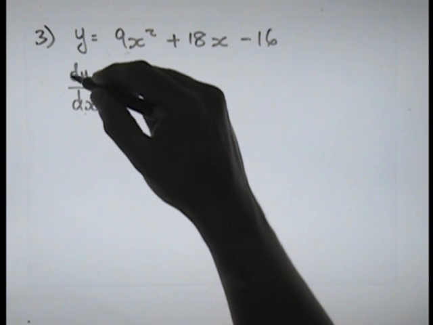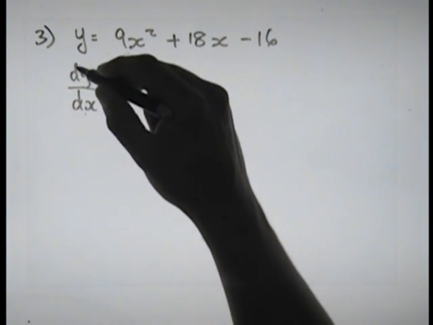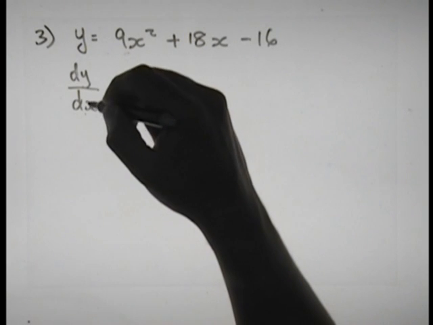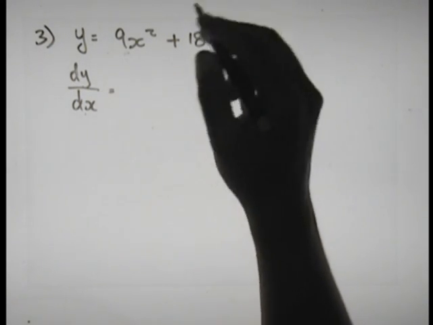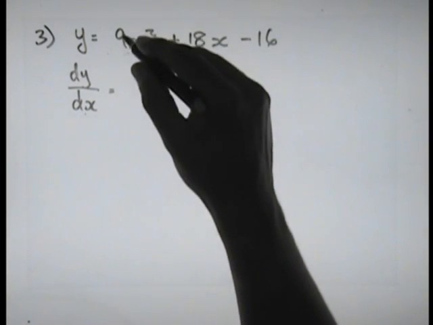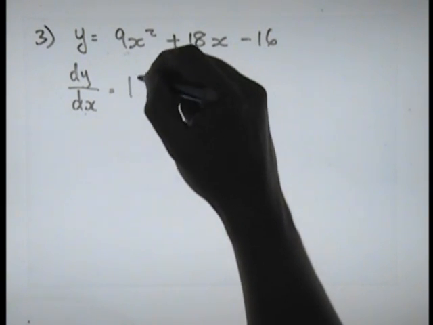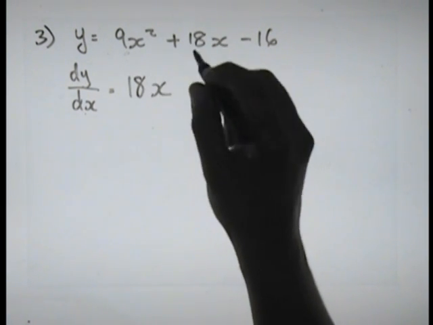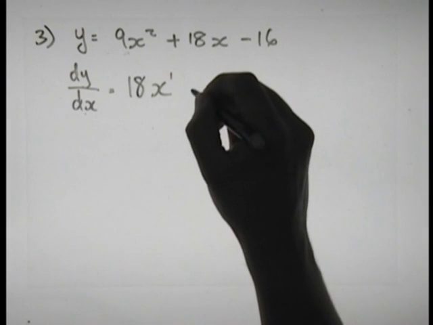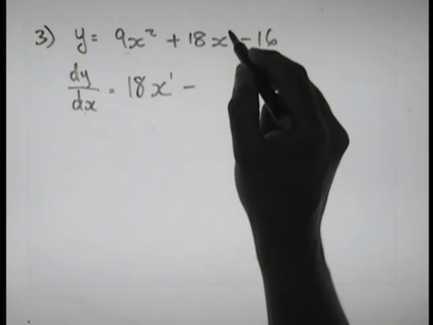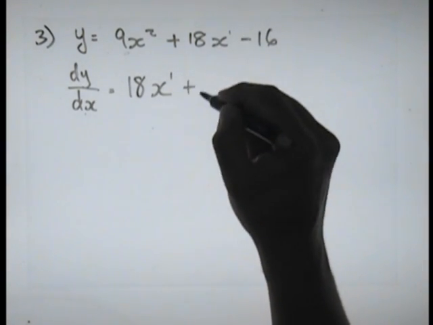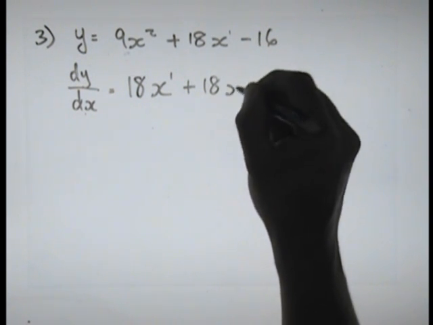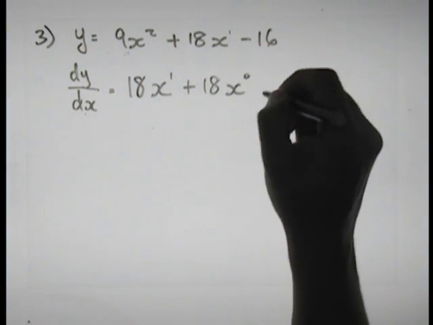In this case, we're looking for dy over dx, the differential of y with respect to x. That's going to equal 2 times 9 is 18, x to the power 2 minus 1 is 1, so 18x to the power 1. Plus 1 times 18 is positive 18, x to the power 1 minus 1 is 0.